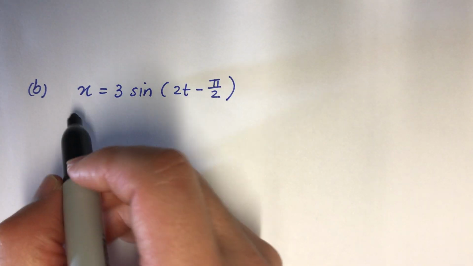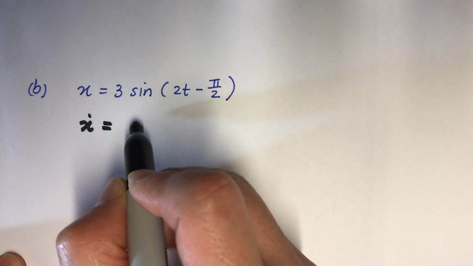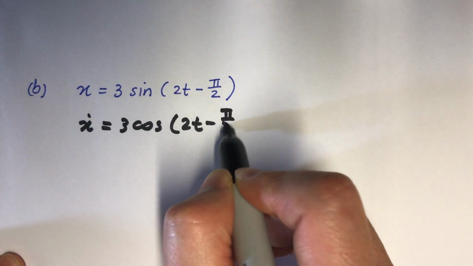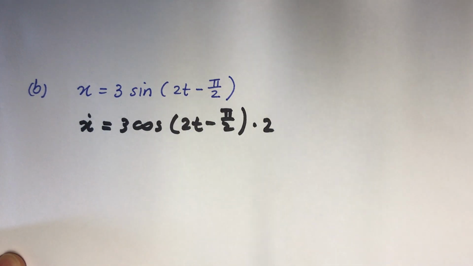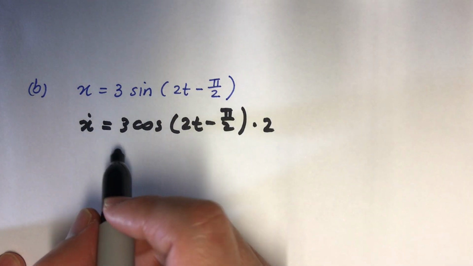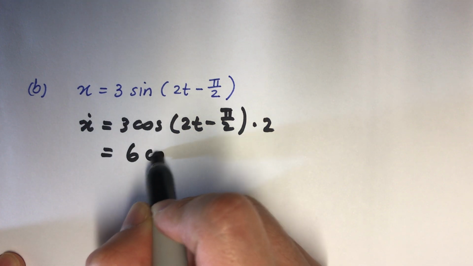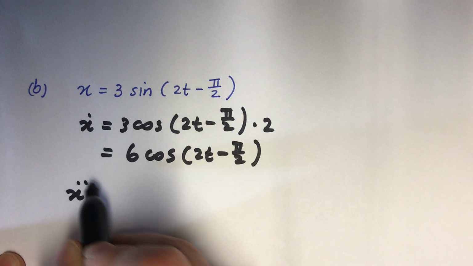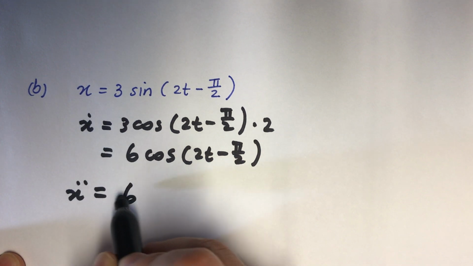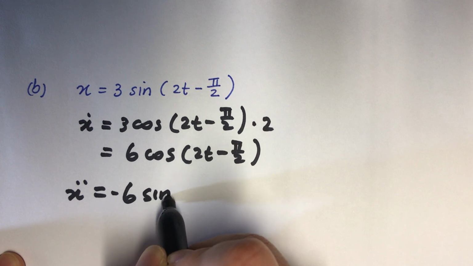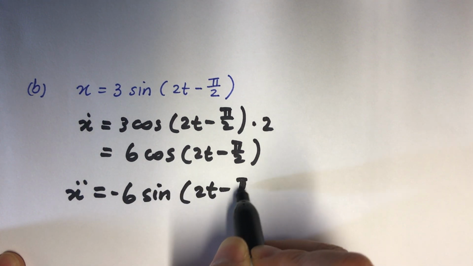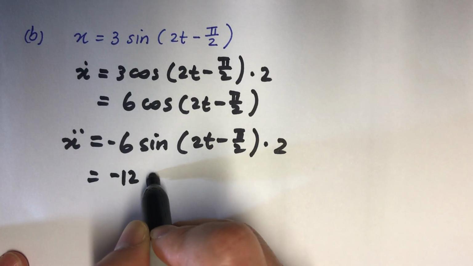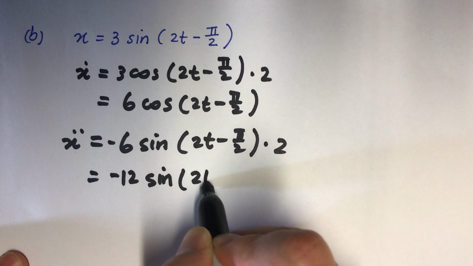Next one. So I'm going to do the same here. 3 cos 2t minus pi over 2 times 2. Okay, 2. So 6 cos 2t minus pi over 2. And then I'm going to go to the next one. 6, but this one negative, sine 2t minus pi over 2 times 2, minus 12 sine 2t.